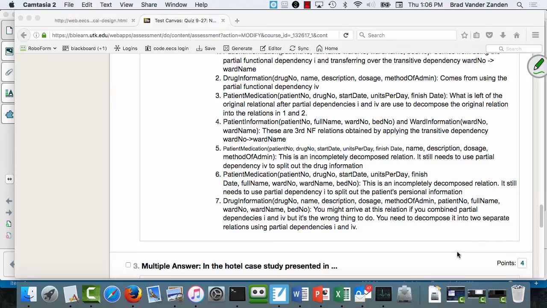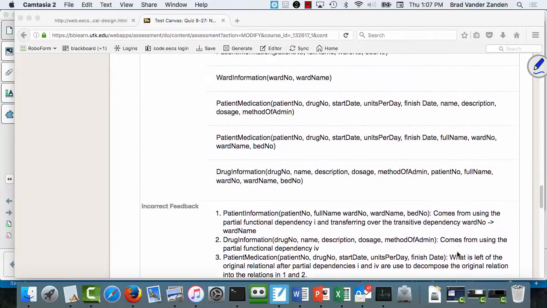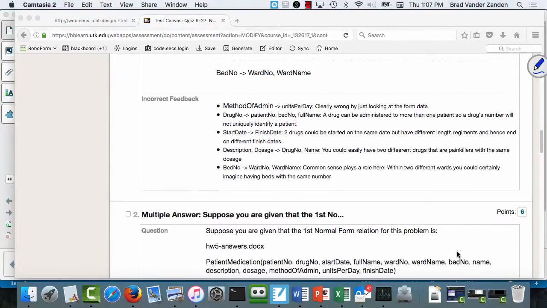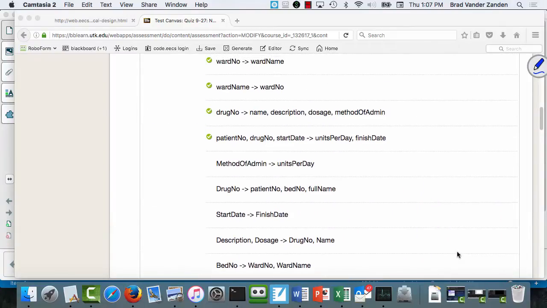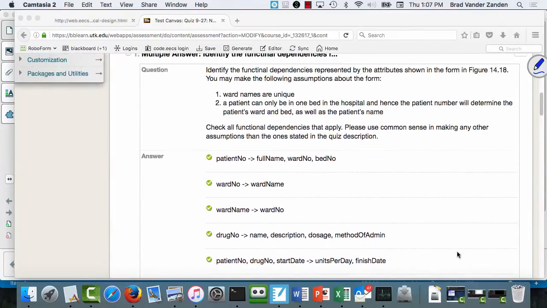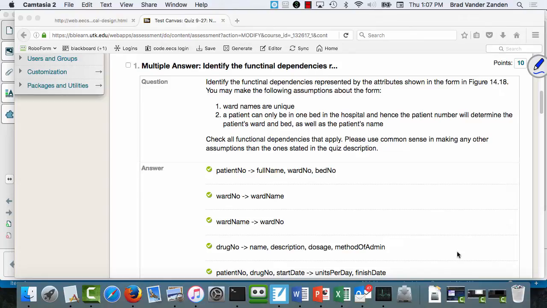Okay. So, Senia's question, let me boil it down. It's like ward number, ward name, where the book is being inconsistent.